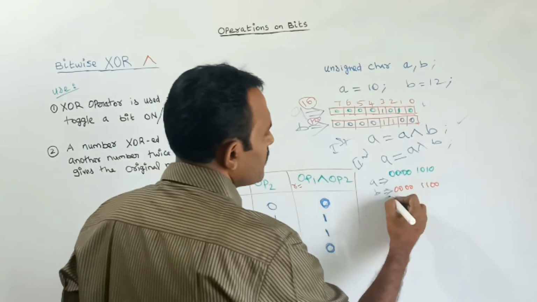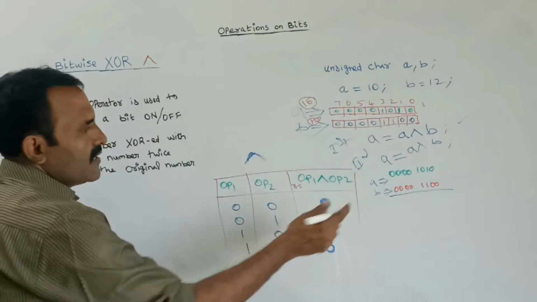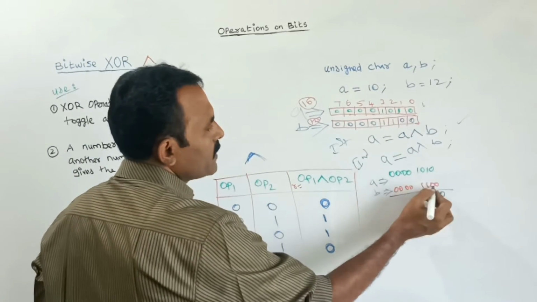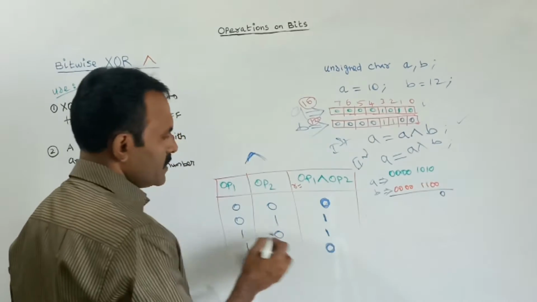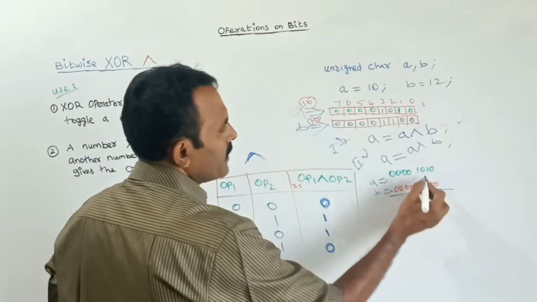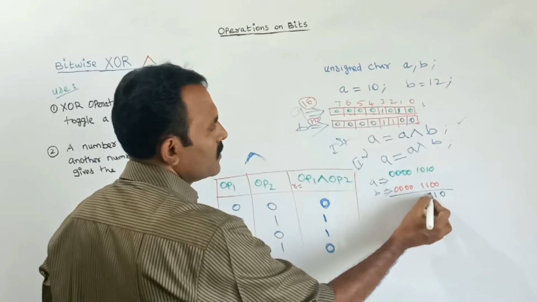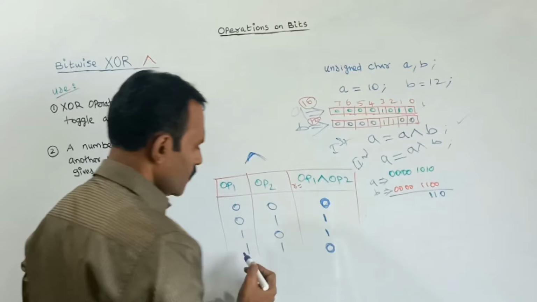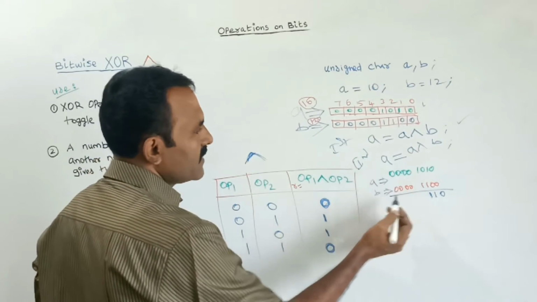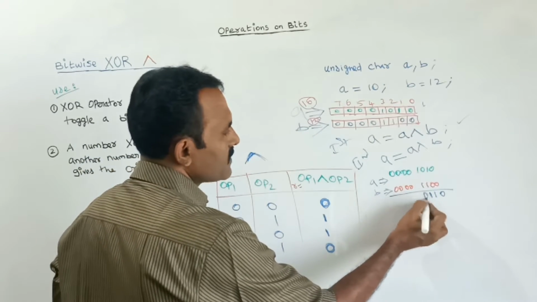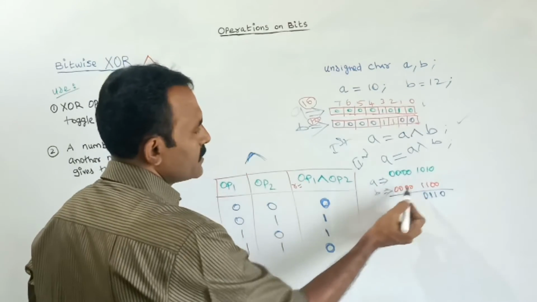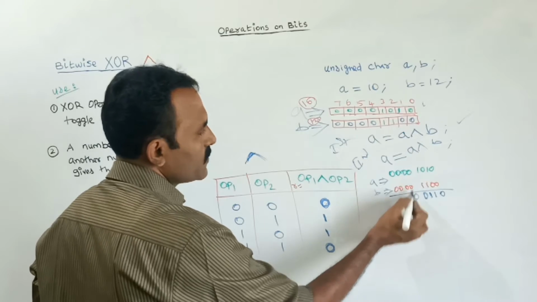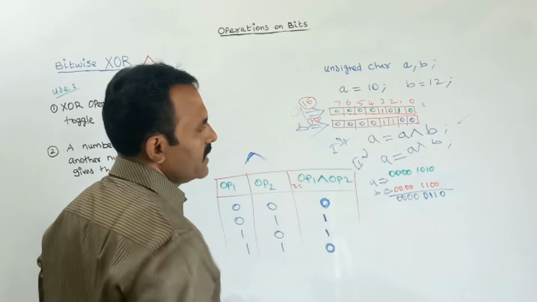Here XORing 0 and 0, 1 and 0 is 1, next 0 and 1 is 1, 0 and 1 is 1. Here 1 and 1, both values are same. In XOR, if it is same, then it is false. Next 0 and 0, here also both operands have the same value, so result is 0. Apply this, this is the answer.